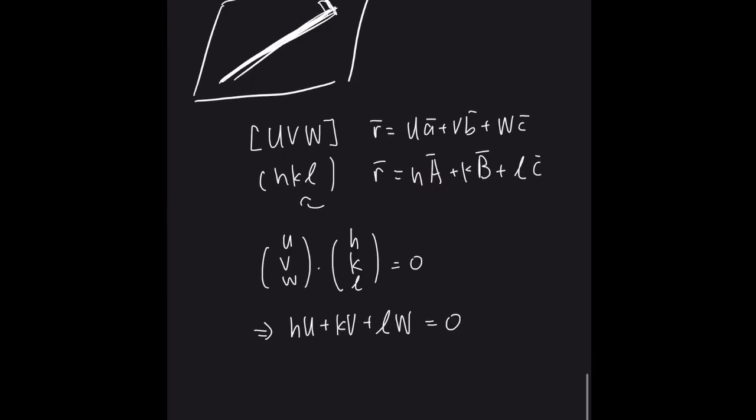So if you have your small a dot your big A, that would just give you 1.